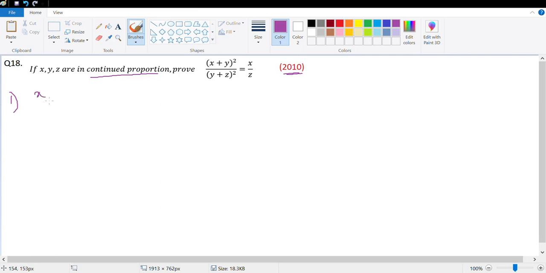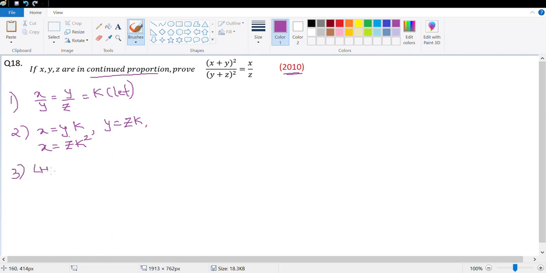So x upon y is equal to y upon z is equal to k. So let it be equal to k, which means y is equal to zk, which means x is equal to, instead of y, if I put zk, I will get x is equal to zk square. Okay, now let's look at the left hand side.